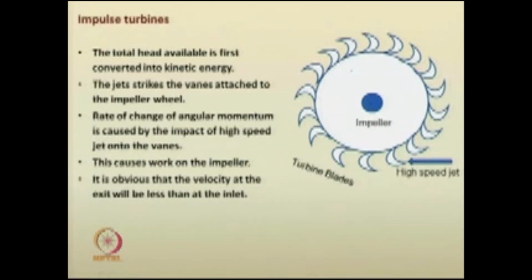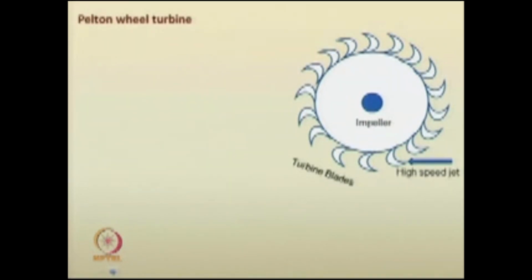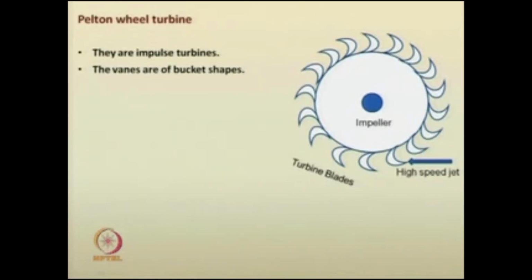In that case, the velocity at the exit will be much less than what comes in high speed form, right. One particular type of impulse turbine is the Pelton wheel turbine. So, Pelton wheel turbines are impulse turbines. The vanes usually are of bucket shape, you provide bucket shape like this. So, the vanes are of bucket shapes.